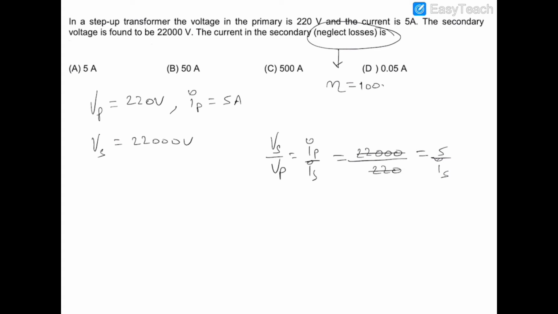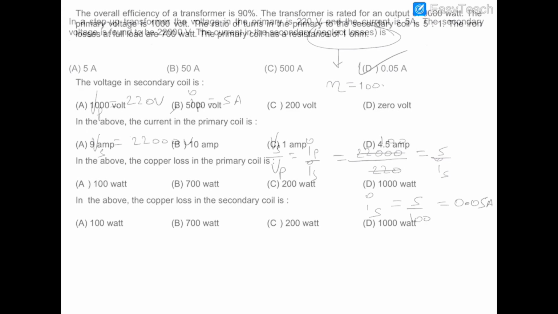So this is equal to 100, and I secondary is equal to 5 upon 100, which is 0.05 ampere. So the correct option will be option number D. Okay, now let's move on to the next question.